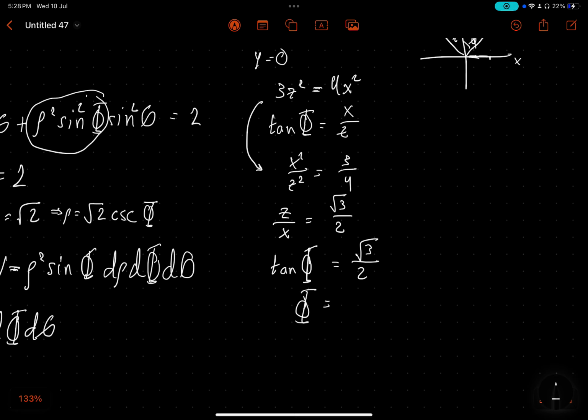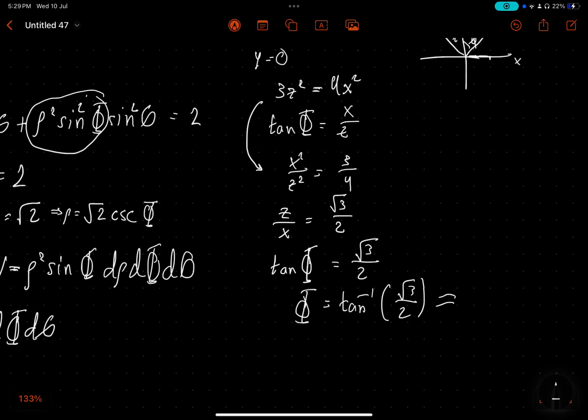Let's find what is the value of phi. If we take the tan inverse of this, it's gonna be some value. Let's just say it's tan inverse of root 3 over 2.